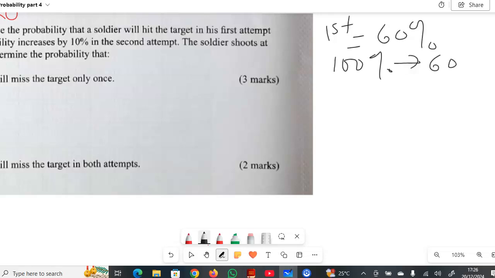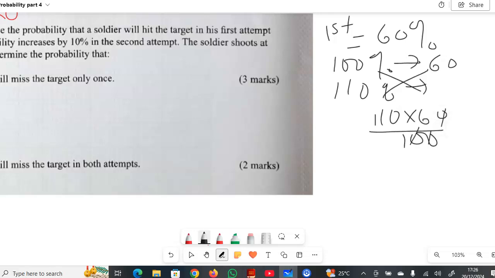But now the second attempt would be 110, that is 10% more than the first one. So for the second attempt, it's 110 multiplied by 60 divided by 100, so that cancels. You get 11 times 6, you get 66%. So that is the second attempt.